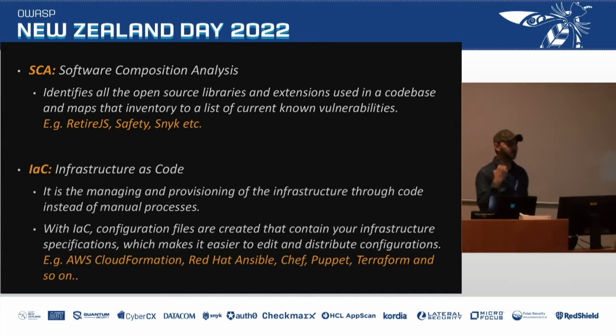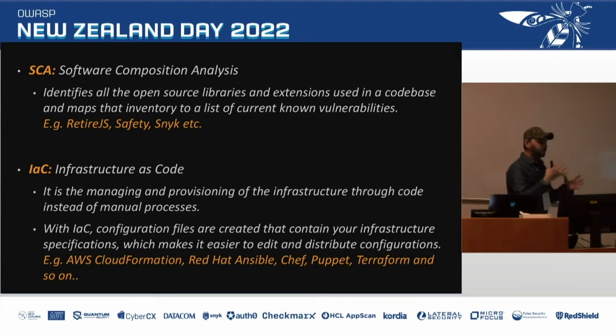Last but not least, IaC, or infrastructure as code. For those who haven't heard about infrastructure as code, it takes away your manual process of creating and deploying infrastructure. This is about writing configuration files and deploying infrastructure. As a developer, you just specify what you need in the configuration file, and your infrastructure will be spun up.